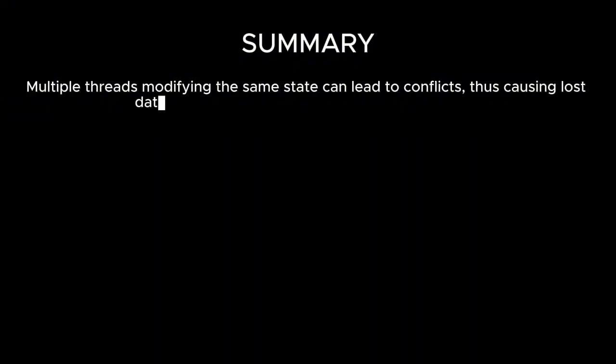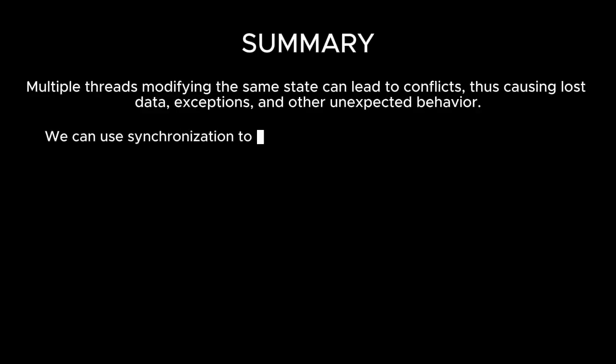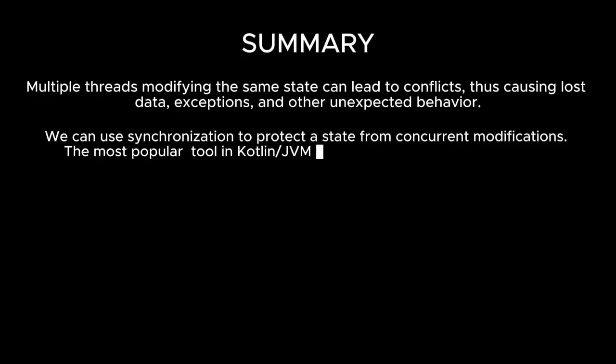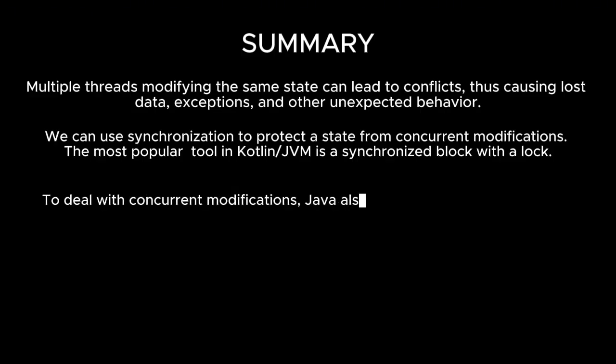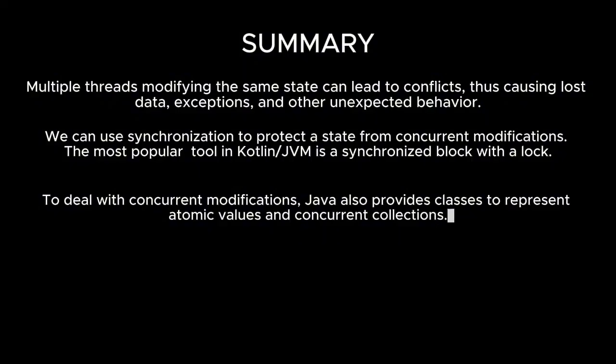Summary. Multiple threads modifying the same state can lead to conflicts, thus causing lost data, exceptions, and other unexpected behavior. We can use synchronization to protect a state from concurrent modifications. The most popular tool in Kotlin JVM is a synchronized block with a lock. To deal with concurrent modifications, Java also provides classes to represent atomic values and concurrent collections.